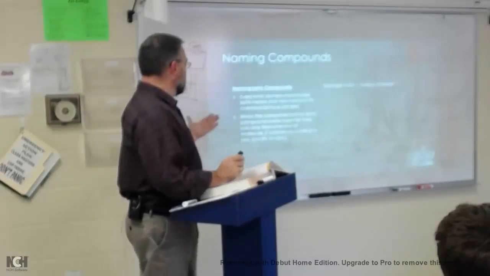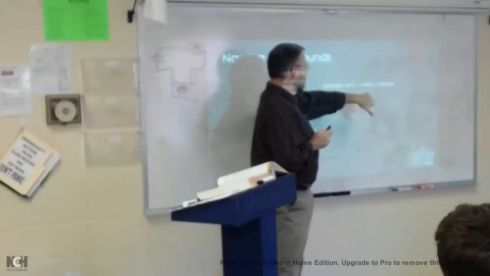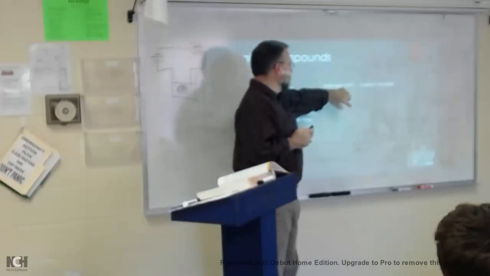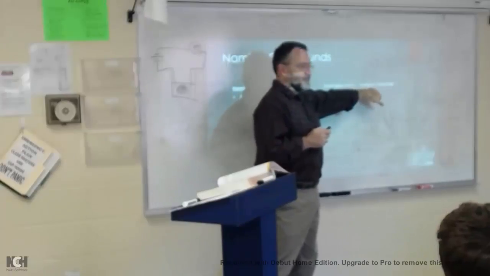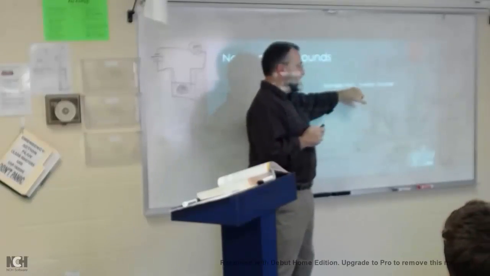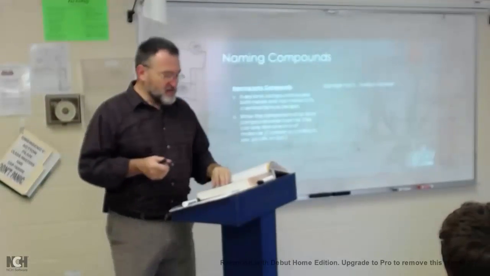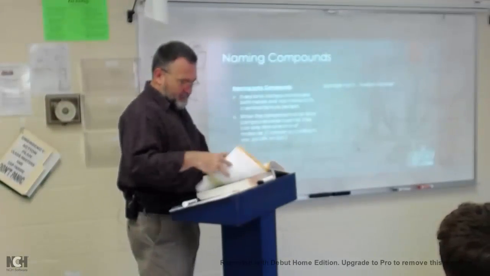How do we name this? Well, we take the two elements that make it up, sodium and chlorine. We take the name of the metal and just write it directly. Sodium, sodium. Chlorine, we change the tail end of it slightly. We give it its "-ide" ending.